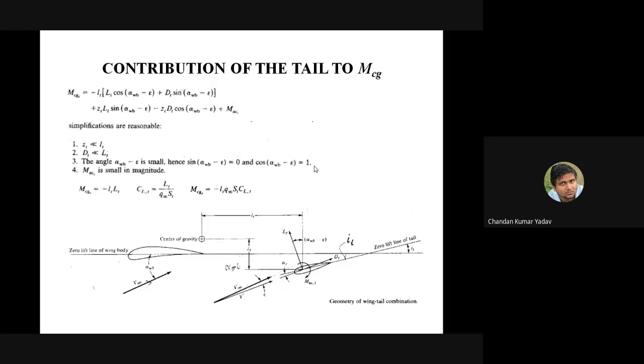Also, drag of the tail is much less than lift of the tail. See the second one, drag is very less than lift. Actually this is a redundant simplification. If you put sine alpha equal to 0, then this term is by default gone, isn't it?